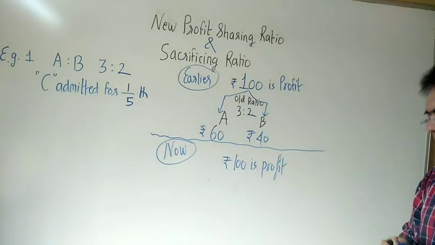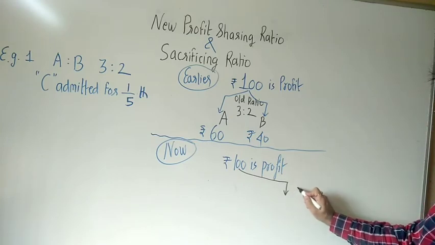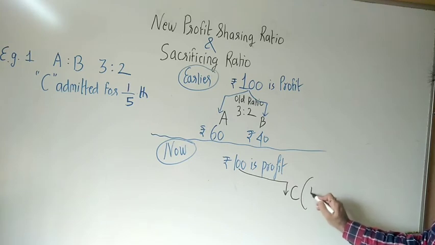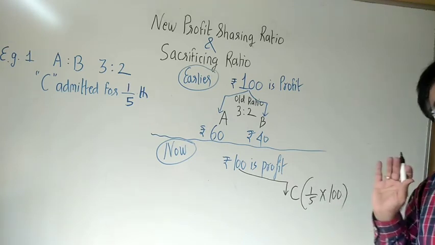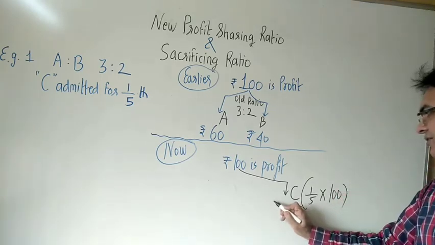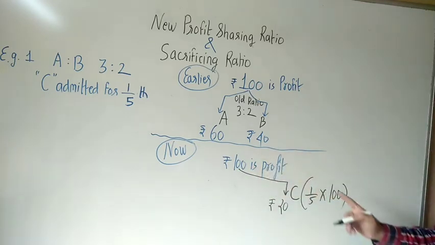So out of 100, first of all, you give away to Mr. C 1/5 of 100, because you have promised him that much. So 1/5 of 100 comes to ₹20. So out of 100, first of all you give 20 rupees to C.